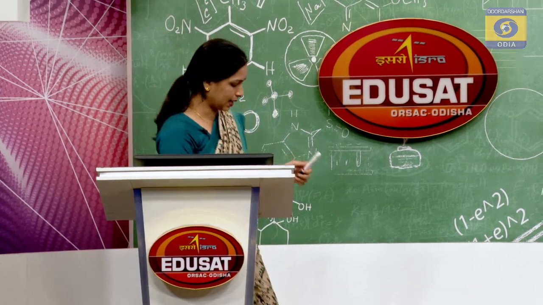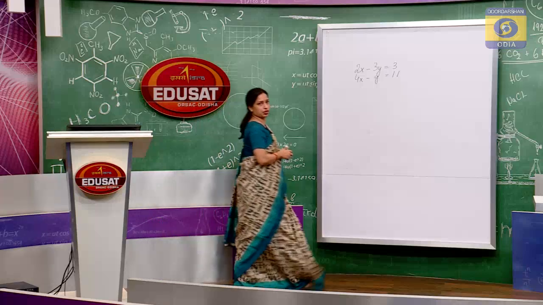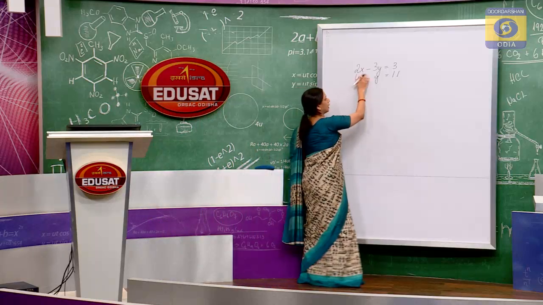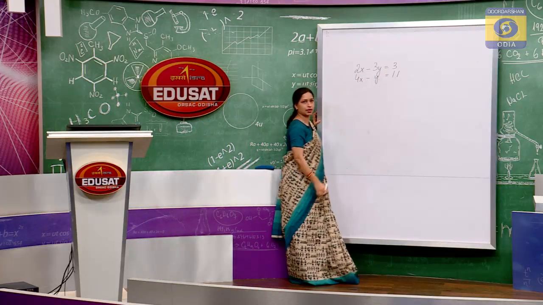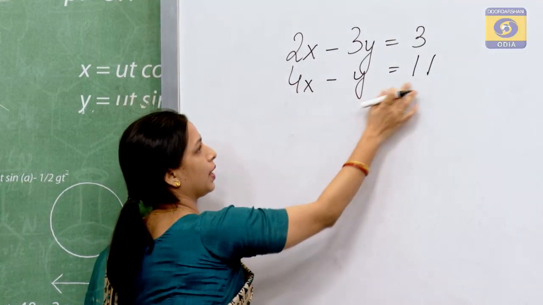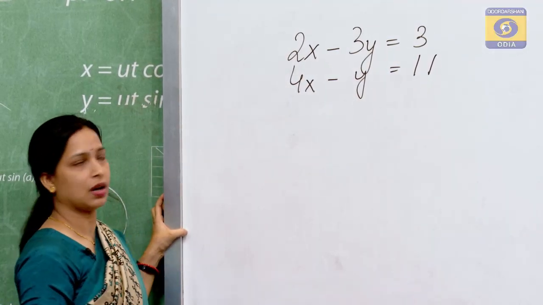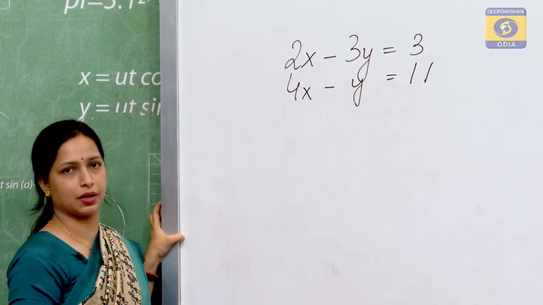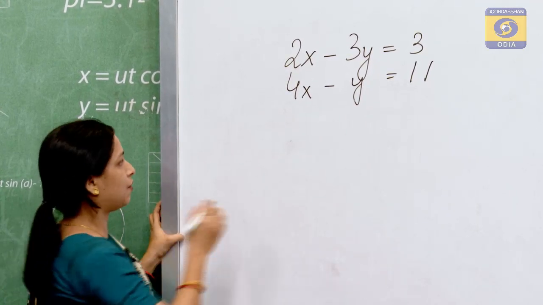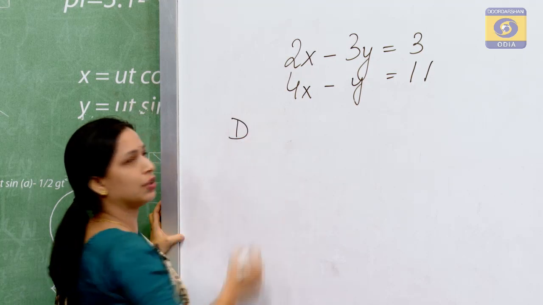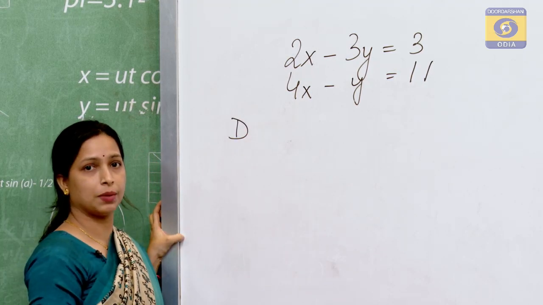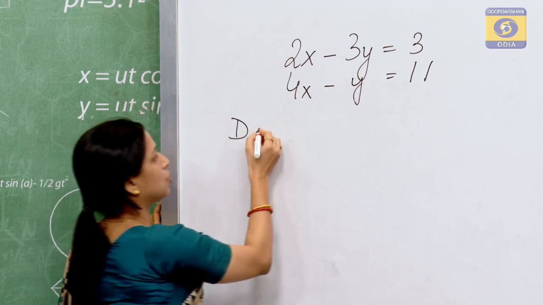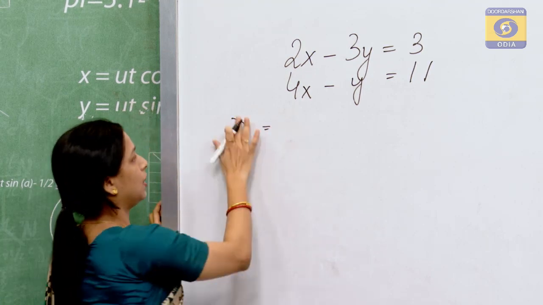Let us say we have 2 equations: 2x minus 3y equals 3, and 4x minus y equals 11. We have to find the values of x and y. How do we do it? What is the first step? The first step is to find the value of the determinant of the coefficients.